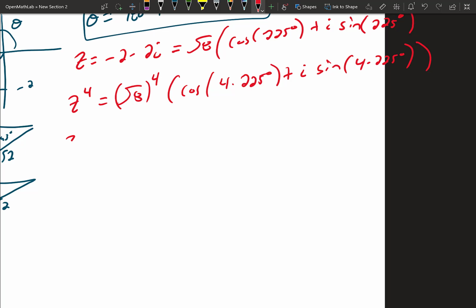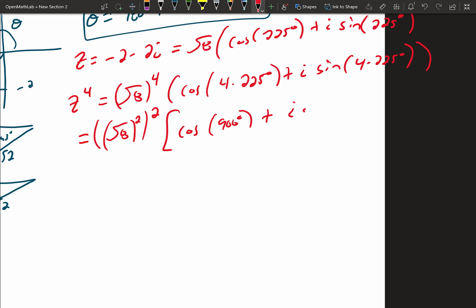And this would be the same thing as radical 8 squared quantity squared, because 4 is 2 times 2, and we can use the power to a power exponent rule. And then times cosine of 4 times 225, which is 900 degrees, plus i times sine of 900 degrees.